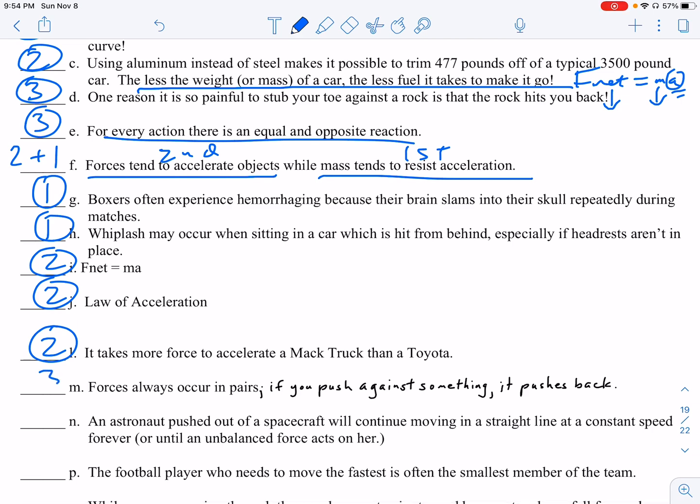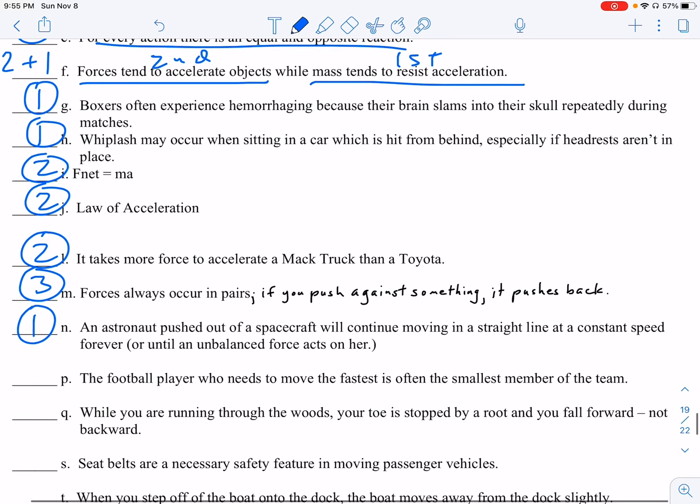That's the third law. Action reaction. That's the first law. Okay, that's F net equals ma. Usually the guy with the smallest mass has the bigger acceleration if he applies a given net force.